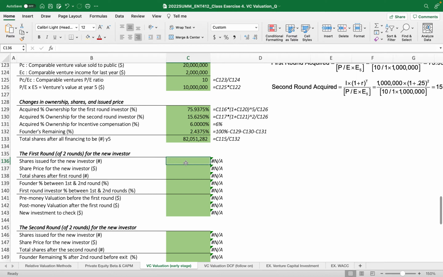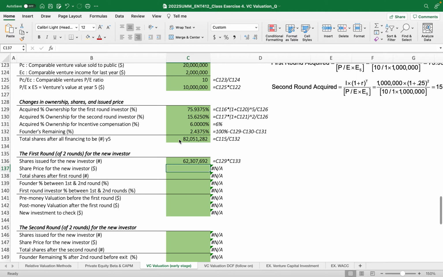How do we get the shares issued for the first round investors? Once we got 82, then how many shares should be for the first investor? There you go, 75% times this. So 62 million shares must be owned by the first round investors.